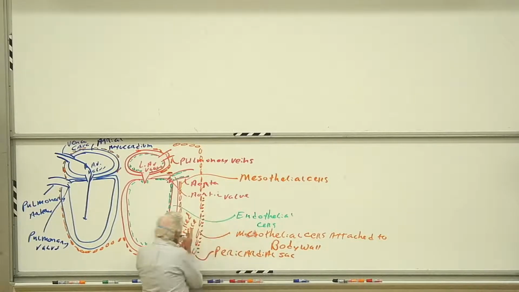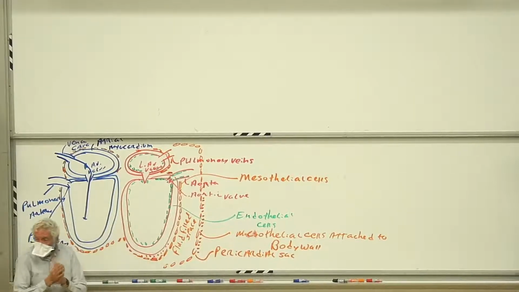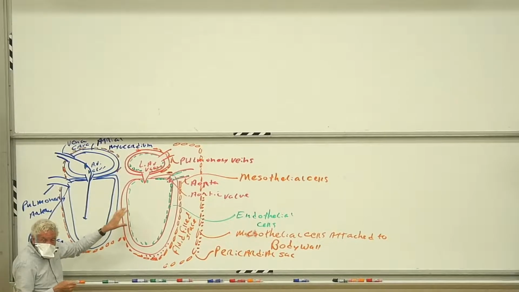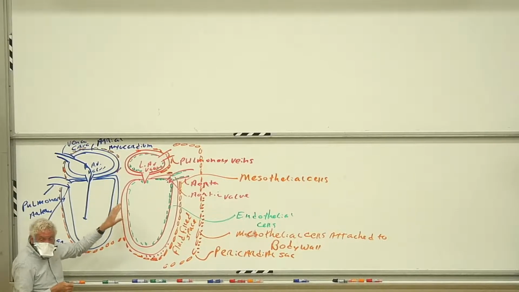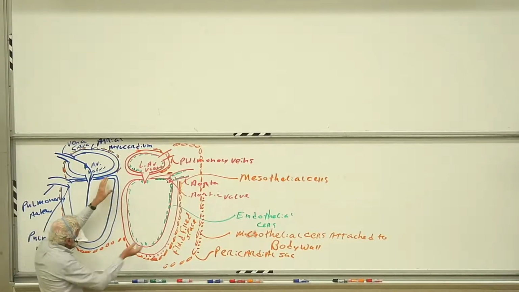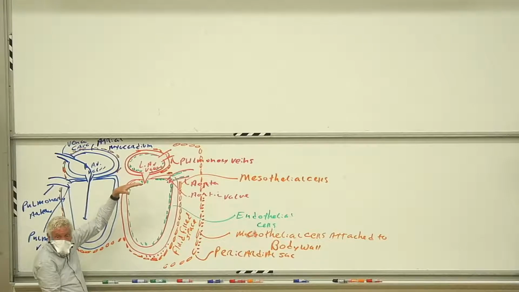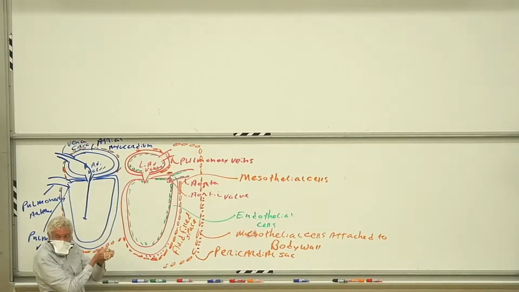Now that fluid contains some mucopolysaccharides, so it's slippery. And so that fluid now provides a kind of lubricant. Remember what's going to happen here. Day in and day out, 60, 70, or more times a minute, this heart is going to fill with blood. It's going to distend. It's going to enlarge. And then it's going to contract and get smaller.